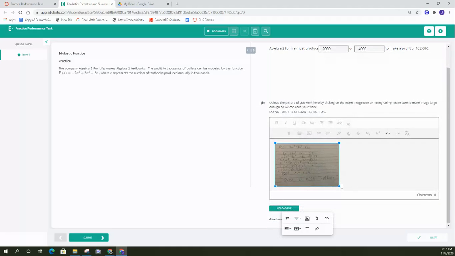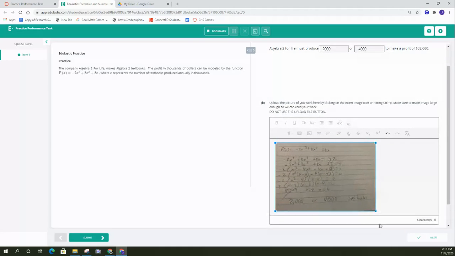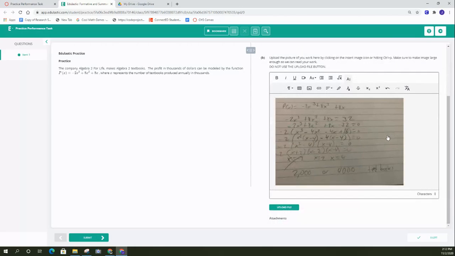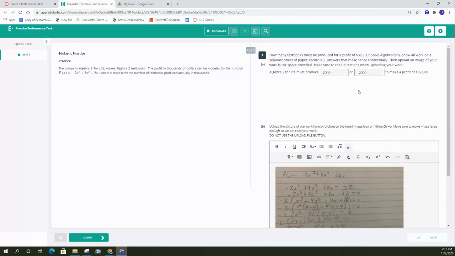Then grab the corner and resize it so that we can see the work. Here again, you can see all my work: factor out the negative 2, factor by grouping, solve my answers. And we are done with this one.